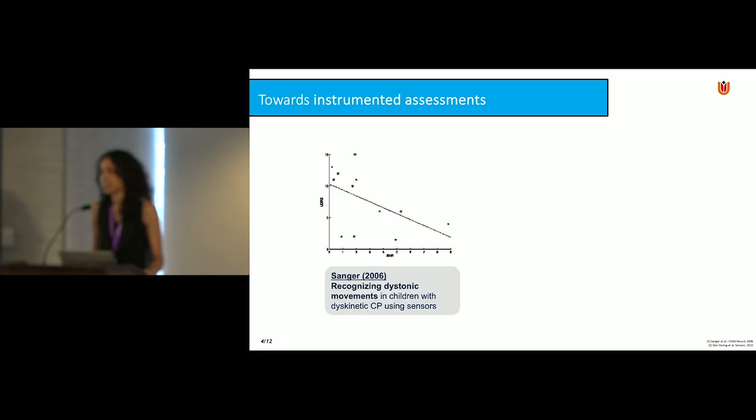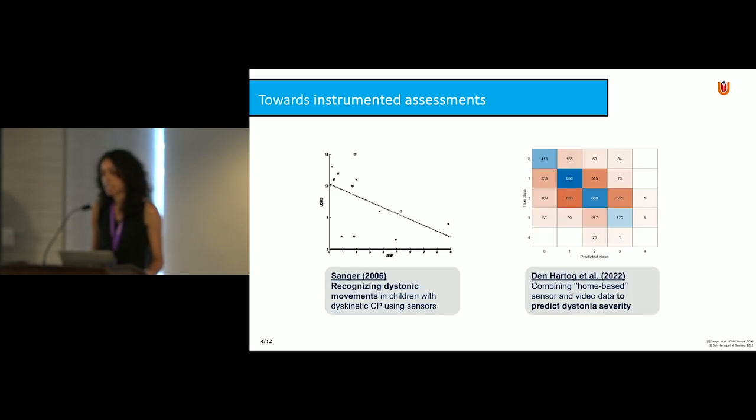But one study done in 2006 by Sanger et al. wanted to see if the data collected by wearable sensors when looking at dystonic movements in children who have dystonia due to cerebral palsy, which is a different cause for dystonia, do a similar job in looking at and tracking dystonic movements.